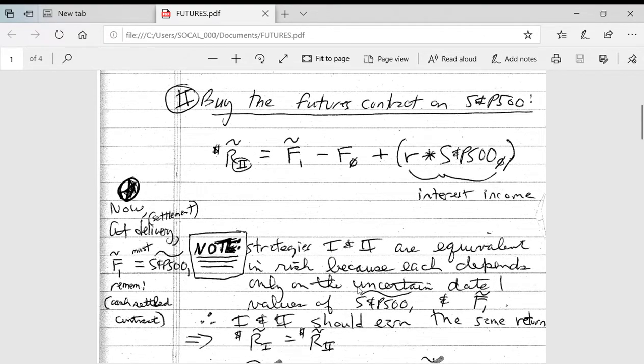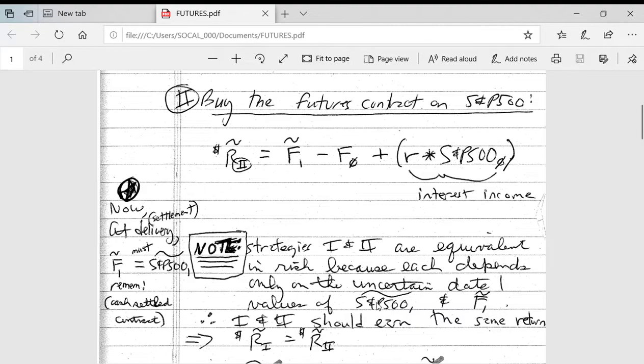That implies strategies 1 and 2 are equivalent in risk because each strategy depends only on the uncertain date one values of the S&P 500 index at date one and the value of the S&P 500 futures contract at date one.